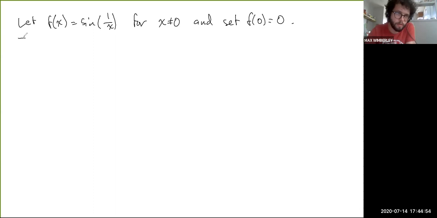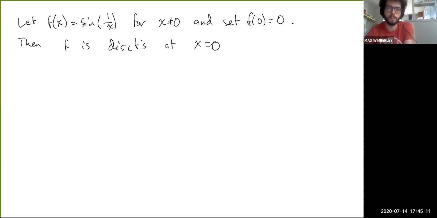Then f is discontinuous at x equals 0. This is something that I showed as an example in lecture, and I think it's also a homework problem. This function is discontinuous at x equals 0, and in fact, there's no value you can use to define f at 0 and make it continuous. That's just impossible.